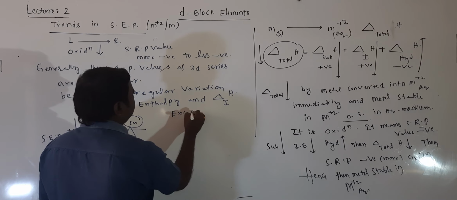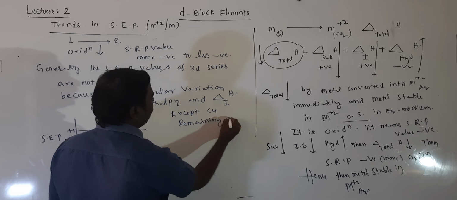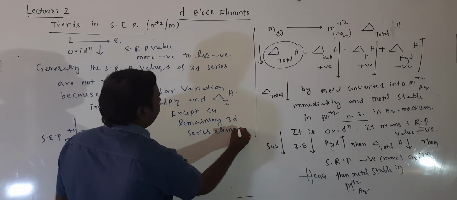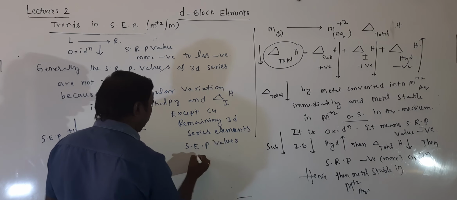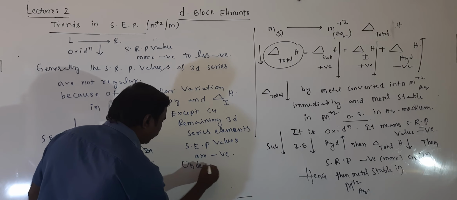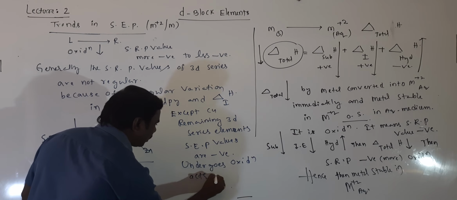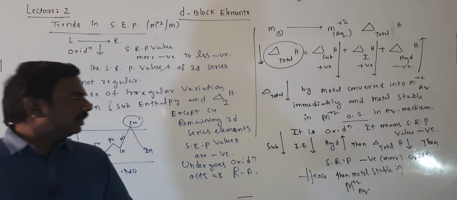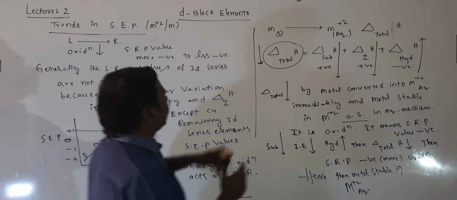Except copper, the remaining 3D series elements have negative SEP values, it means standard electrode potential values are negative. Negative means it undergoes oxidation and acts as a reducing agent, they themselves are involved in oxidation and act as reducing agents, except copper, right?